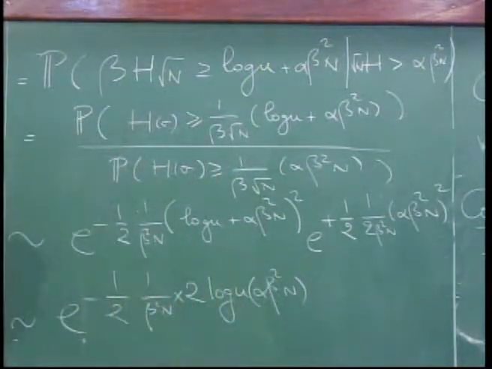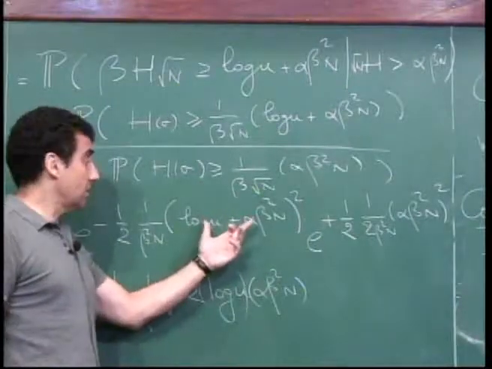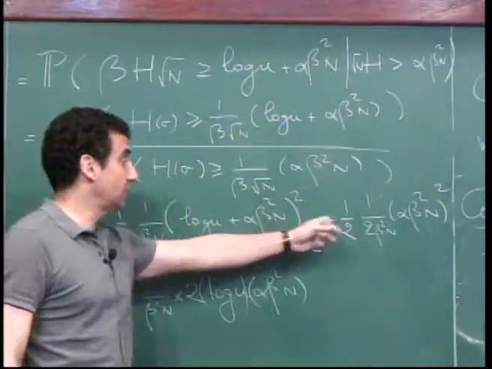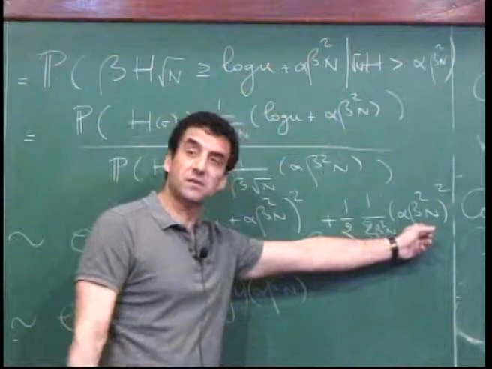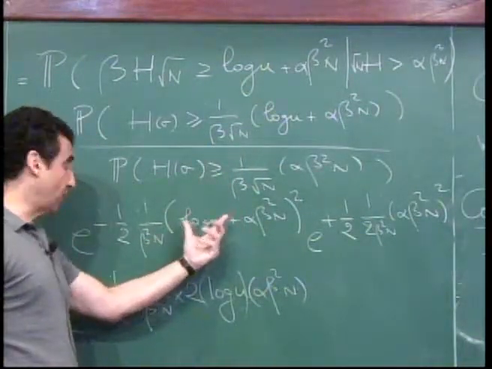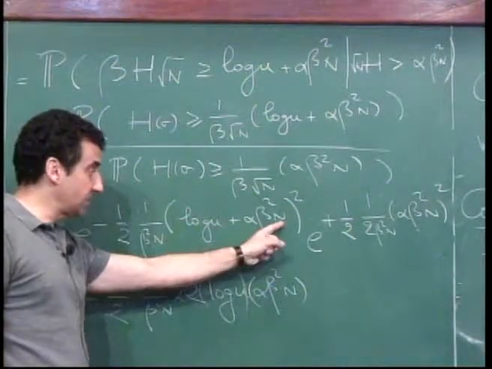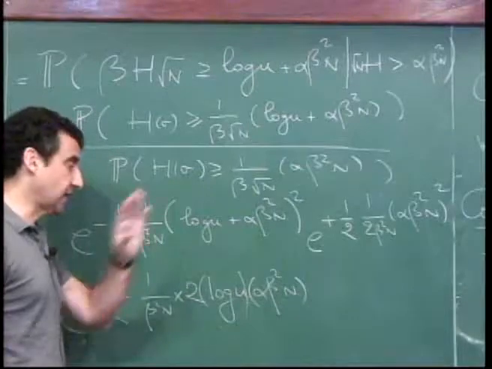Right? So let me say again what's happening here. You expand this square, you have this term squared, which is the same as this one, so it disappears. Then you have the cross product, which is here. And then you have this one squared, which will be much smaller because there is no n. So let's forget the other term.